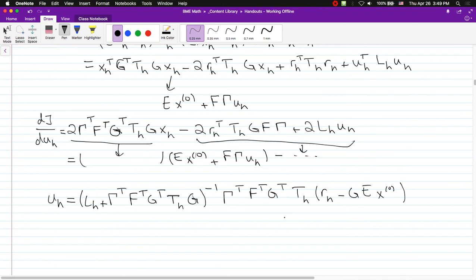So it's this hairy equation, but basically it says you give me your initial position, you give me your reference trajectory, and I will give you the history of the commands.